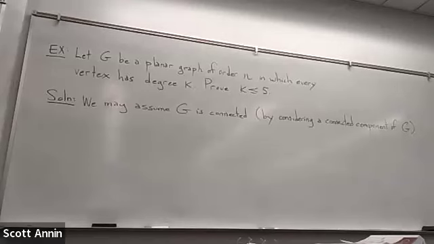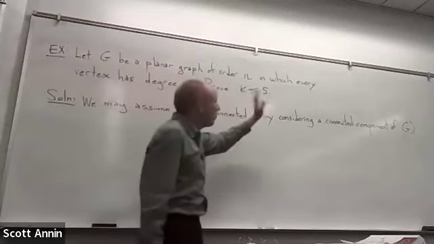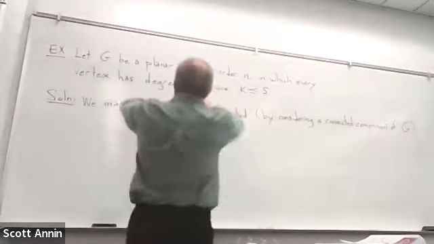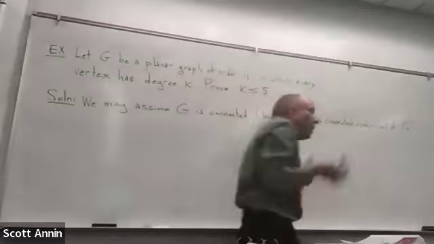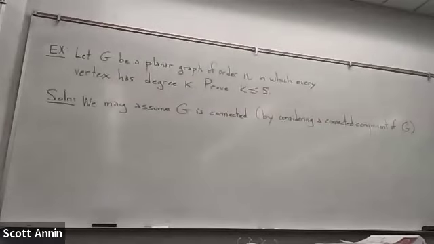So we have a graph that's already planar, and now we may assume that it's connected. We're basically just going to focus on one connected component. If every vertex of the whole graph has degree k, that would include every vertex of one of its components. And if G was connected to begin with, that component would be the whole graph. There'd be nothing else to worry about here.